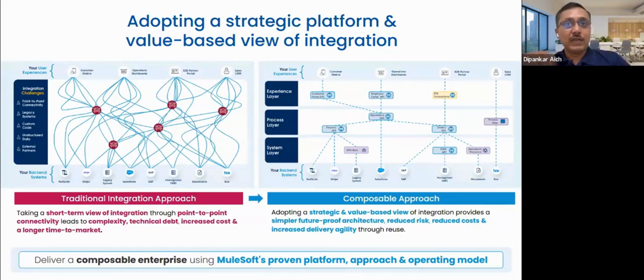What that leads to is a very brittle network that is very difficult to scale and manage over a period of time, and it may break, right? If you have to make a change in one place, you have to be cognizant about where all it will impact and how it is going to impact the other integrations.